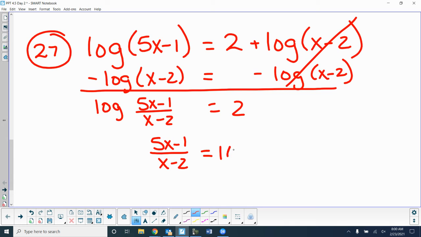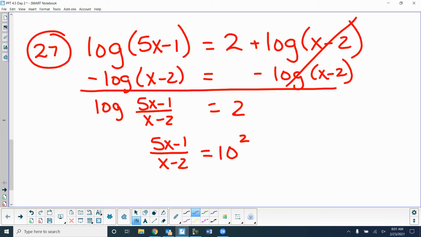Well, I got half. You got half of it, huh? All right, remember, if I have a log equal a number, the base of the log to that power equals the number. Changing it from log form to exponential. That's something we're supposed to know how to do by now. All of us are supposed to know by now. All right, what is 10 squared? 100. What am I going to do to move this x minus 2 to solve this?